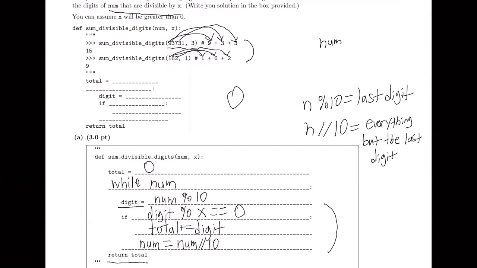Because 0 is a falsy value, we can just run while num, which is essentially saying while num is true, and num will always be true until it equals 0. Once it equals 0, our while loop will stop and we will be finished.